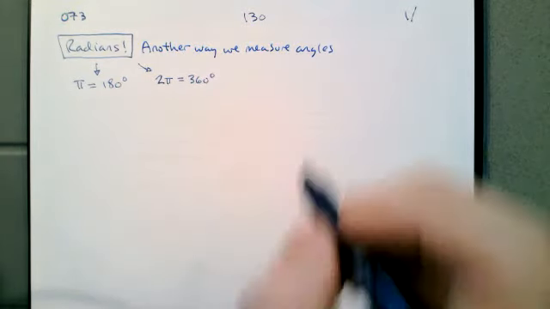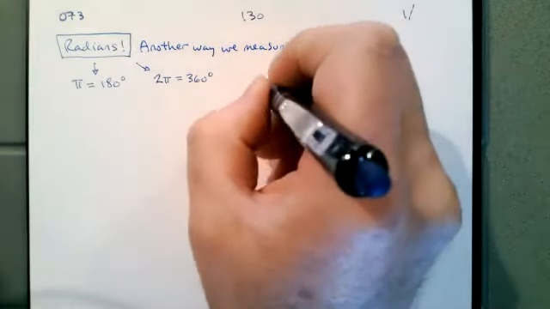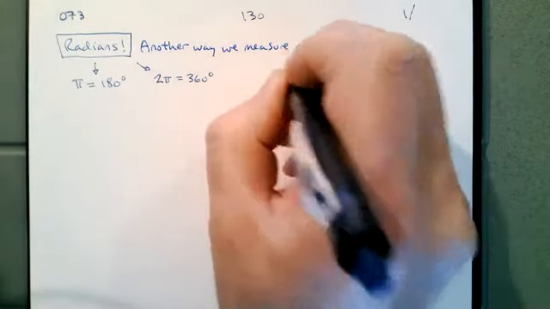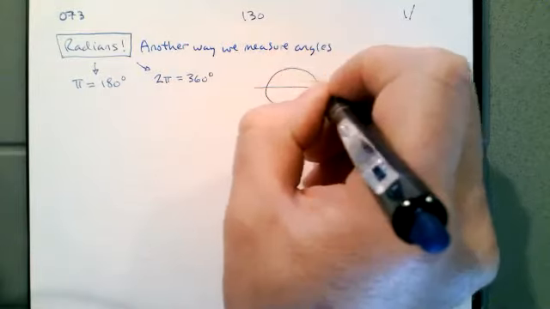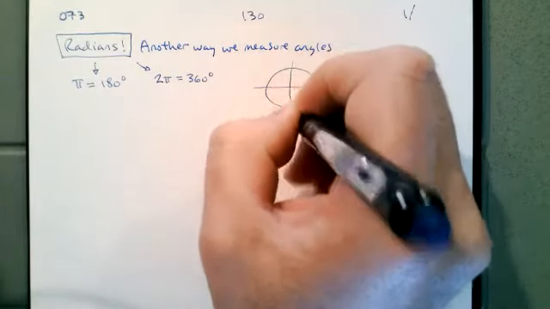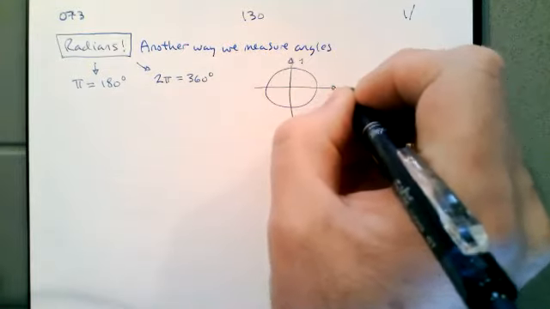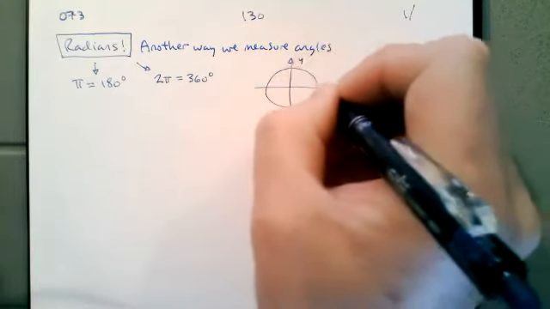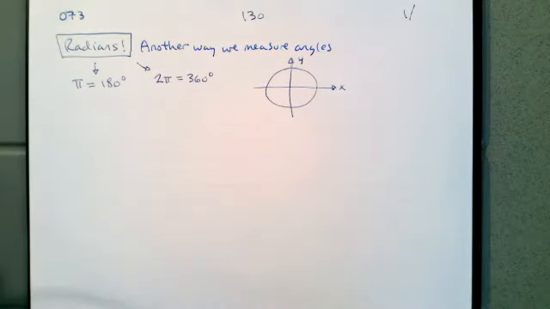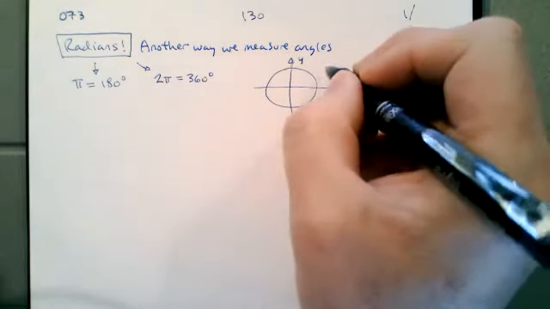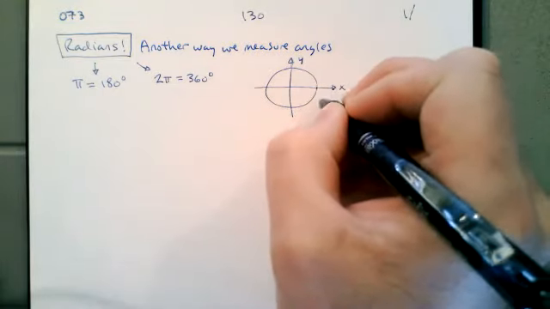Here's why. When we have a unit circle, the circumference of the circle is 2 pi, if the radius is 1.